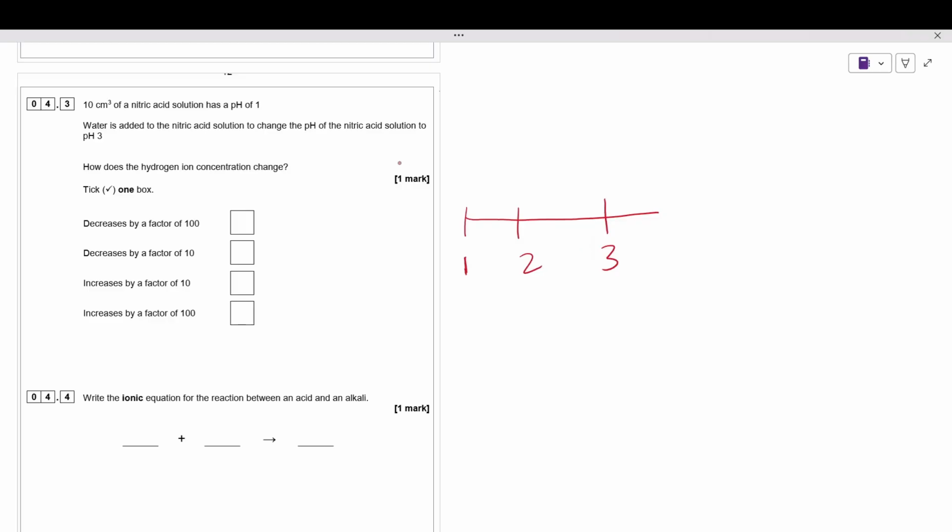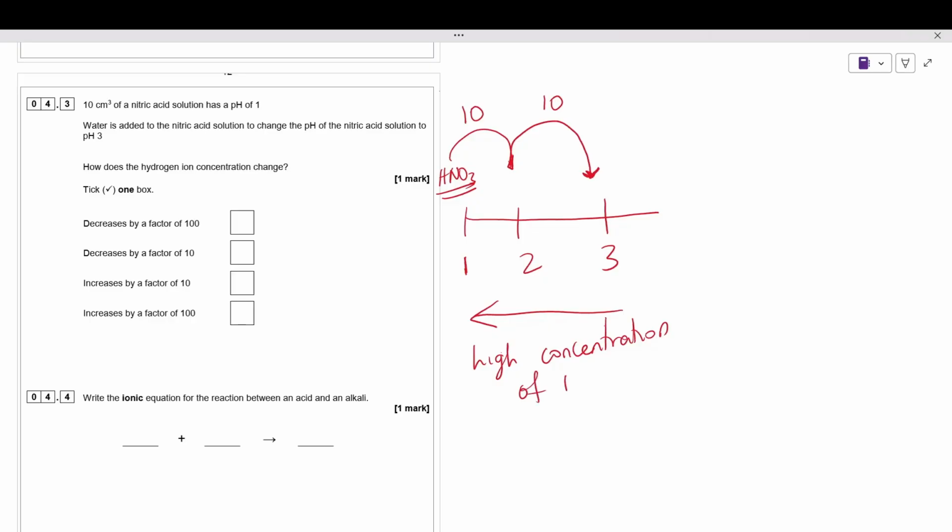Nitric acid is in this region here, and we've added water, which moved it from 1 to 3. So this is the direction it's going. Each of these jumps will adjust the concentration of H plus by a factor of 10. Notice that going in this direction has a high concentration of H plus.